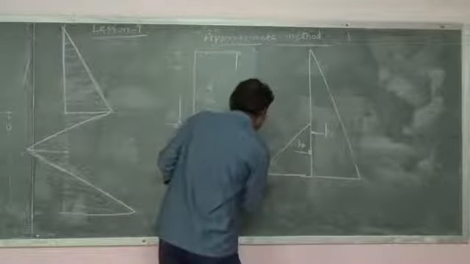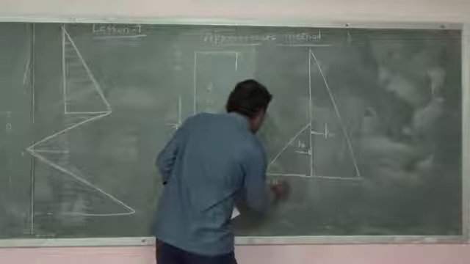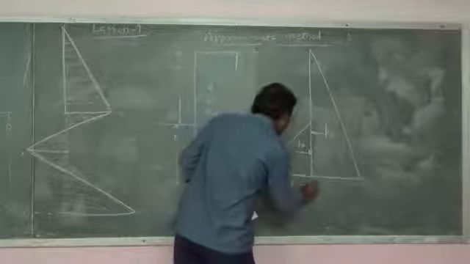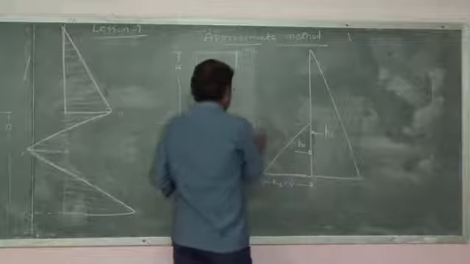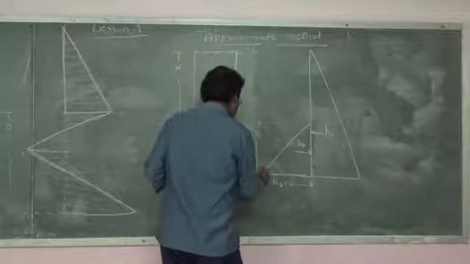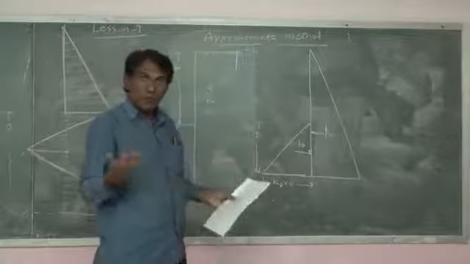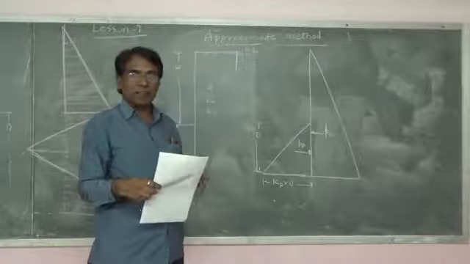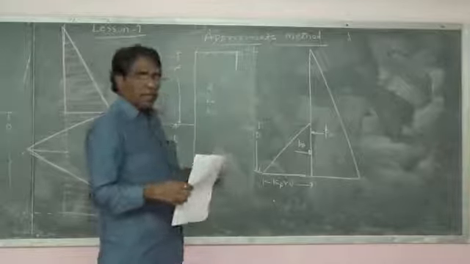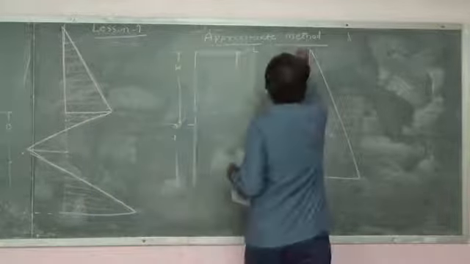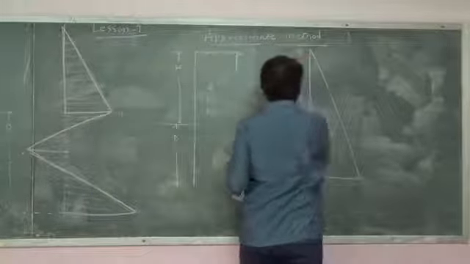This is given by Kp into gamma into d, because this d is the depth of embedment, and that we want to calculate. That is our aim. And up to here, this height is h.